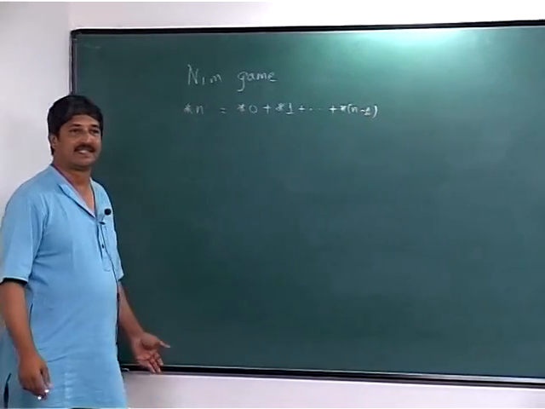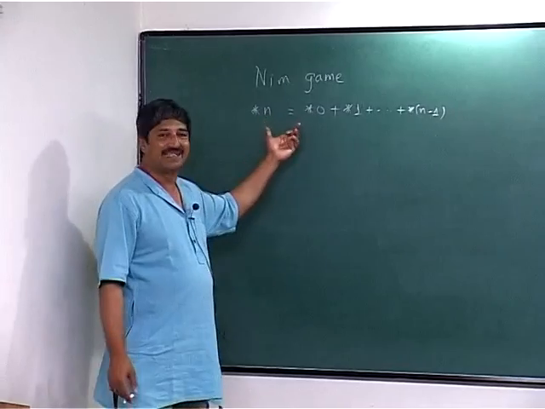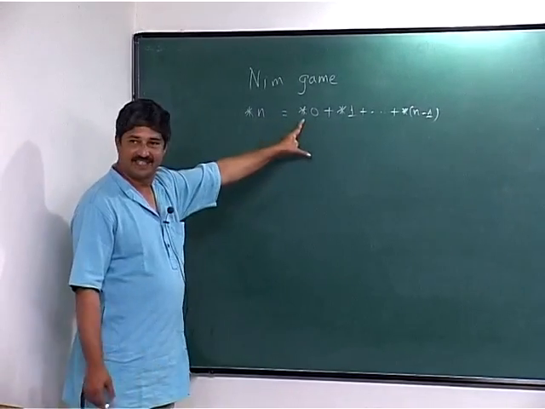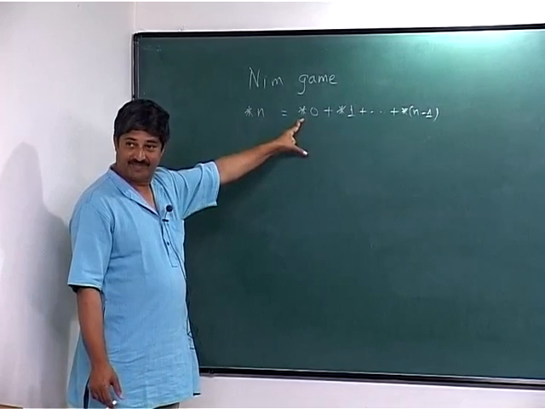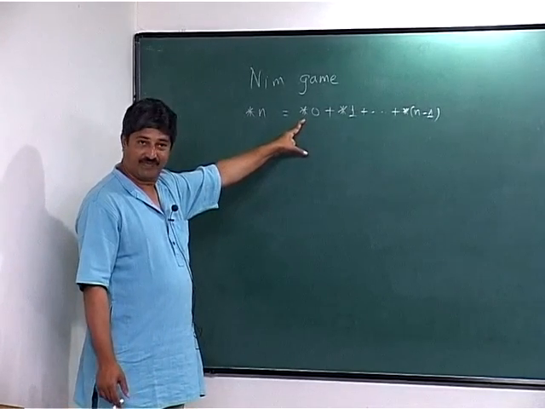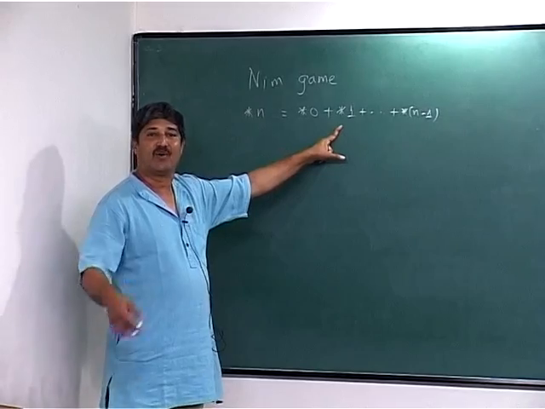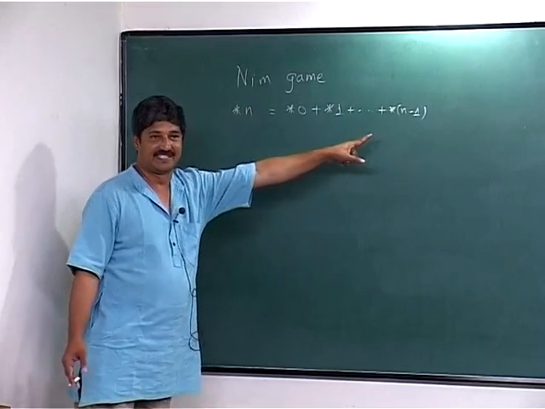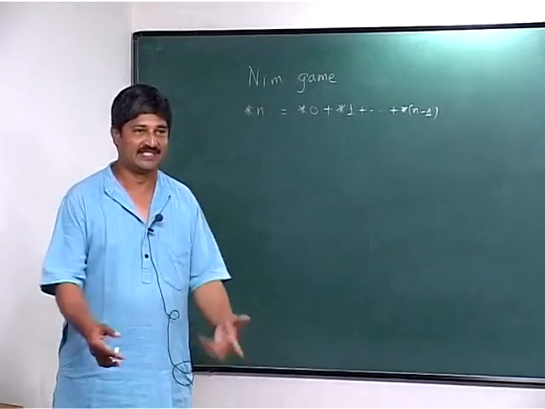What does this mean? This means that I have the option of taking away all the n matches and go to a sub game which has no heap at all, or I remove n minus 1 sticks, or blah blah blah, right? So this is the idea.